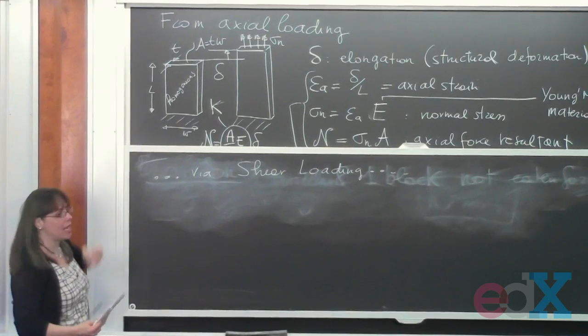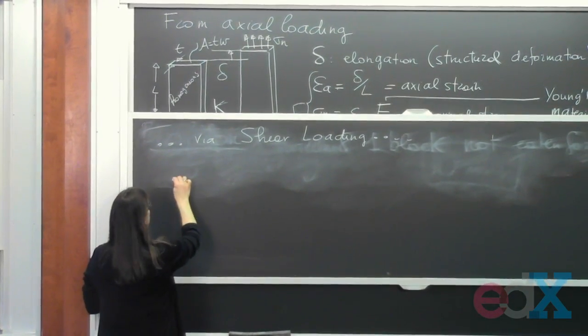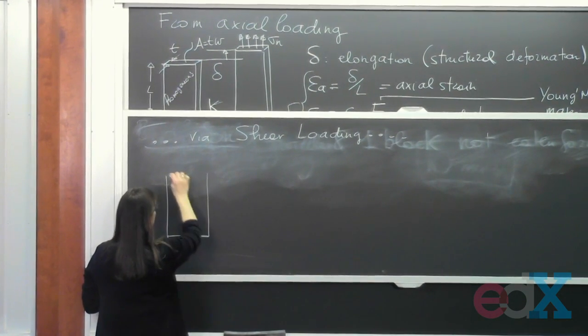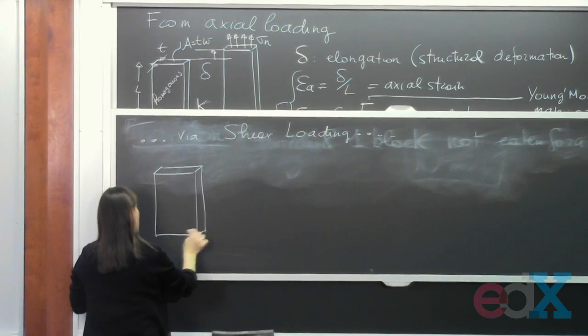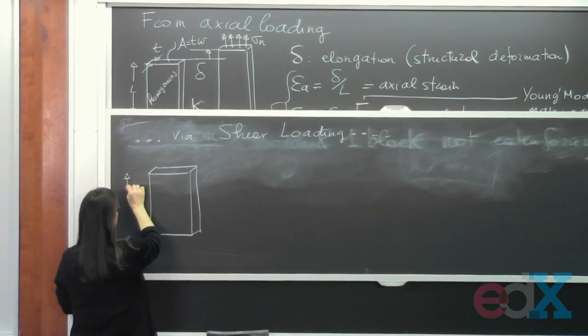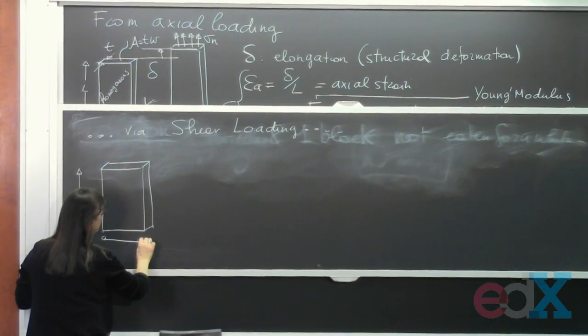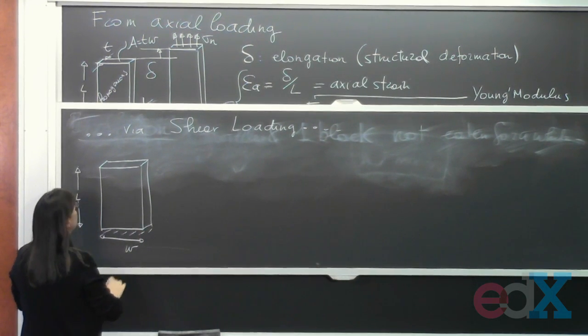Let's start from the same kind of structure. Let's say that I take the same bar, nothing changed, still a nice homogeneous bar, like that. And it still has length L. This is still W. We attach it to the ground right here.